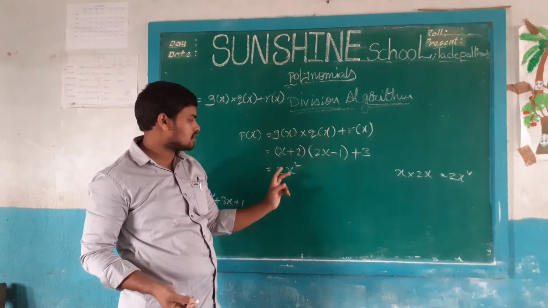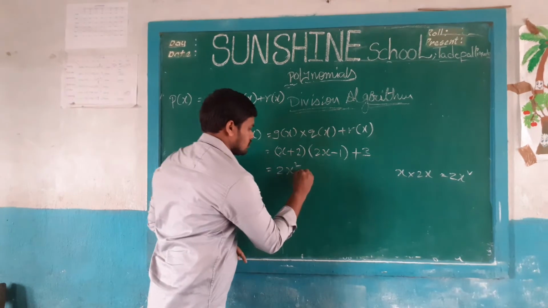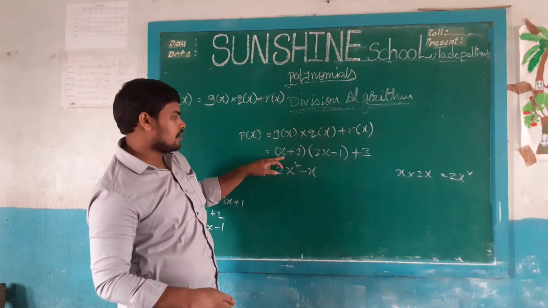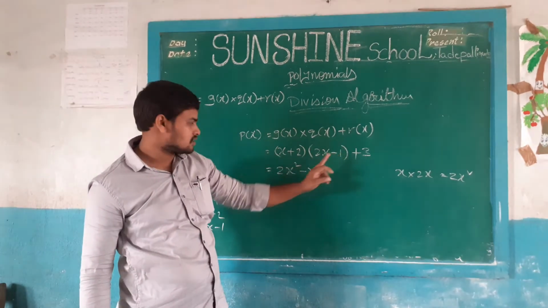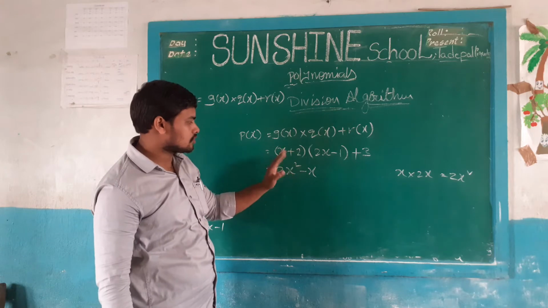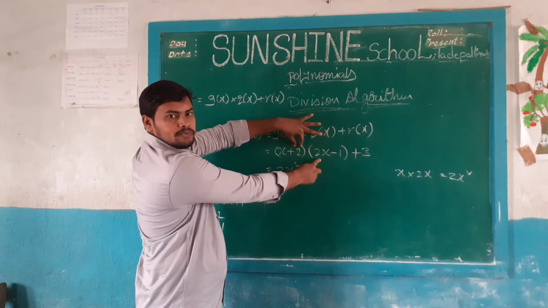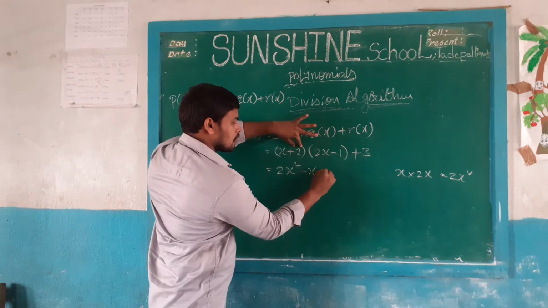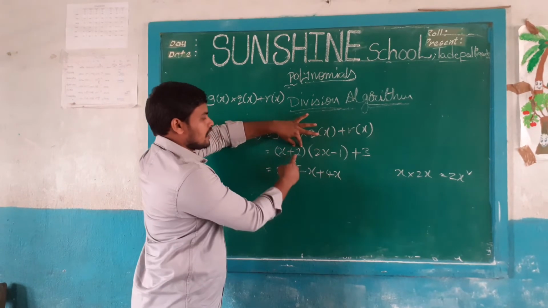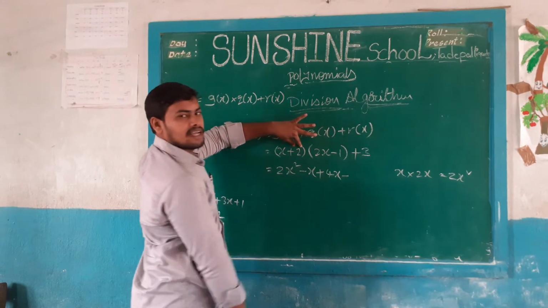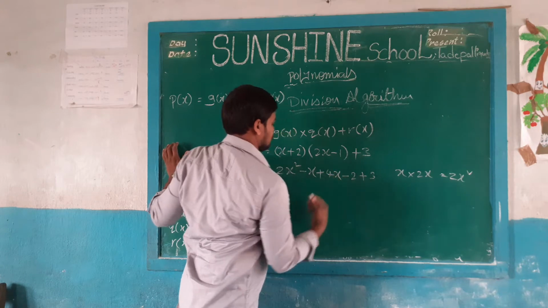X into 2x, 2x square. X into x, x square. X into 1, x. So the previous sign of x is plus, plus and minus, minus x. Next, 2 into 2x, plus and plus, plus 4x. Next, plus and minus, minus 2 into 1, minus 2, plus 3.